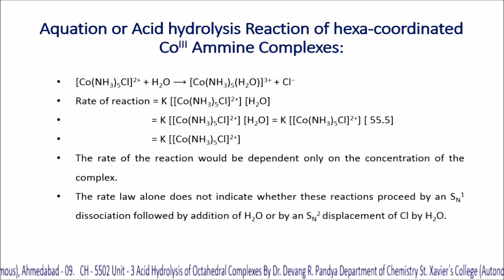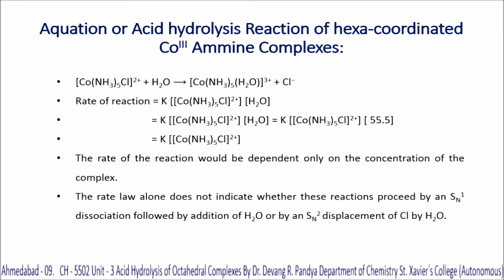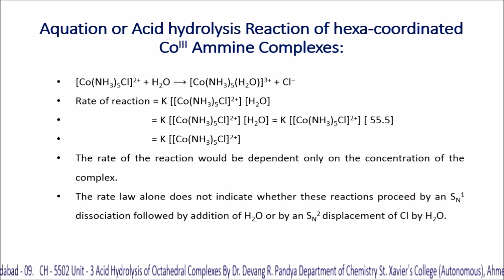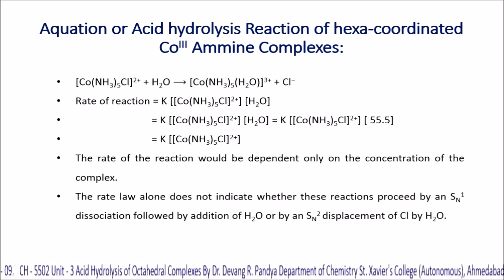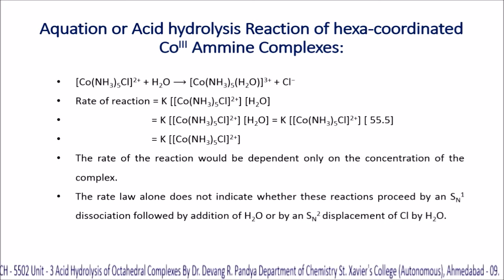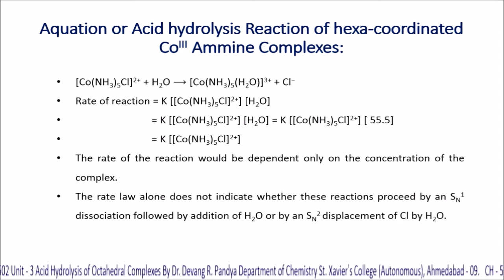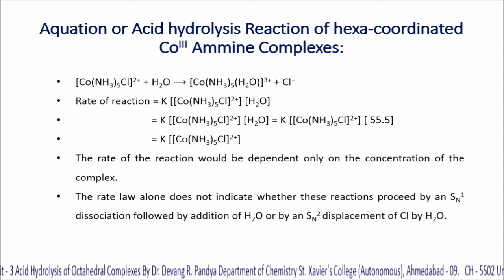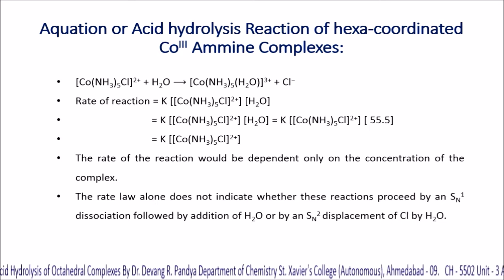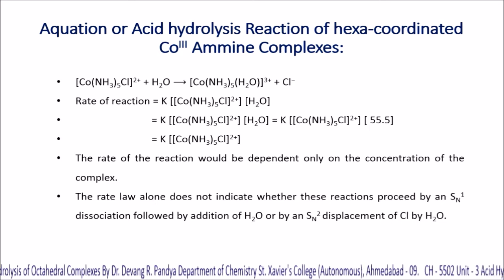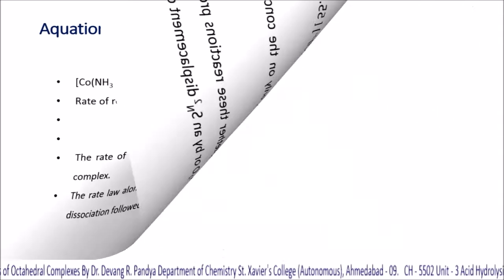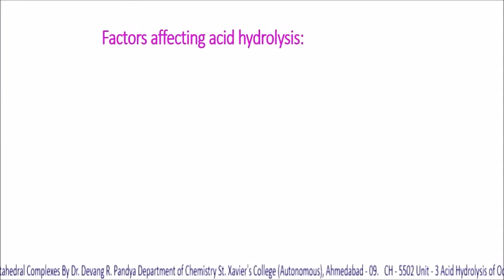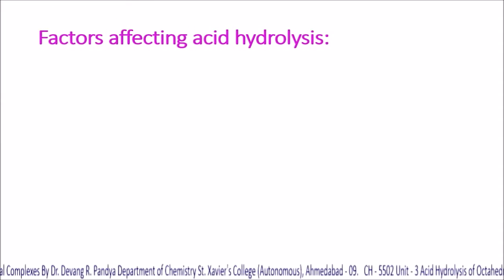There are so many factors which are going to affect this substitution or displacement reaction. We need to go through each factor affecting this hydrolysis, and only then are we able to say whether the acid hydrolysis will undergo an SN1 mechanism or SN2 mechanism. So we need to study different factors affecting acid hydrolysis.